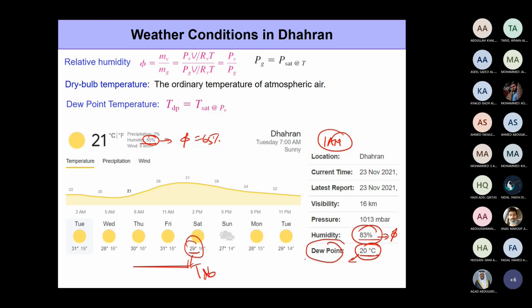Or you could say that if the dry bulb temperature at night goes below 20 degrees Celsius, then you will see water droplets on the windshield of your car, right? So essentially, this is how all these temperatures are around us, and they are pretty useful quantities.